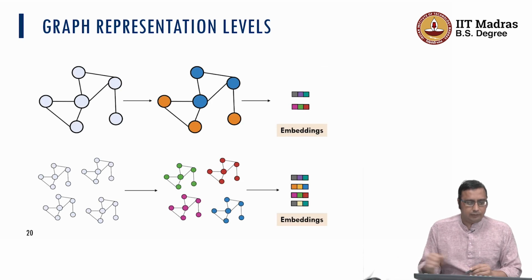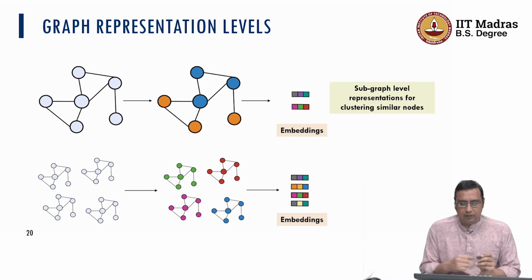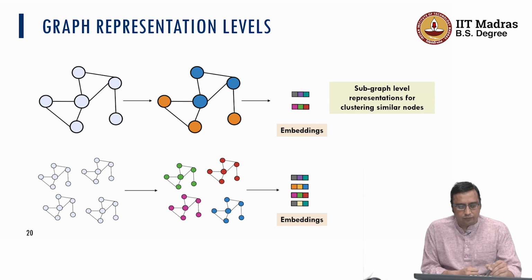The other two are subgraph embedding level representation. So I will take a set of nodes together and use their embedding, and this can be used for clustering similar nodes or finding out a new node's role in a graph or a subgraph.